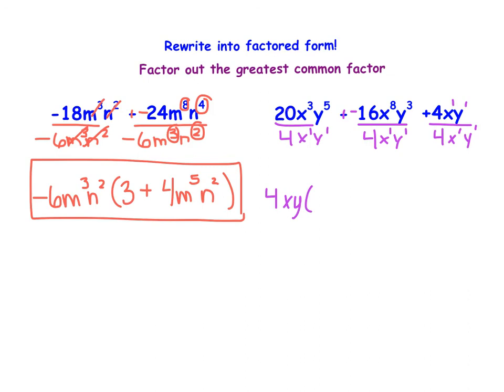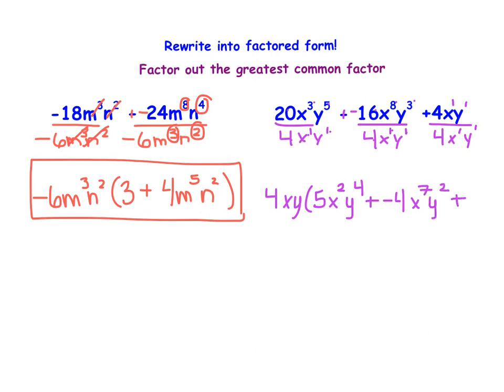So as I do that, 20 divided by 4 is 5. X to the 3rd over x to the 1st, 3 minus 1 is x squared. And then 5 minus 1 is y to the 4th. And have plus negative 16 over 4 is a negative 4. 8 minus 1 is x to the 7th. 3 minus 1 is y squared.